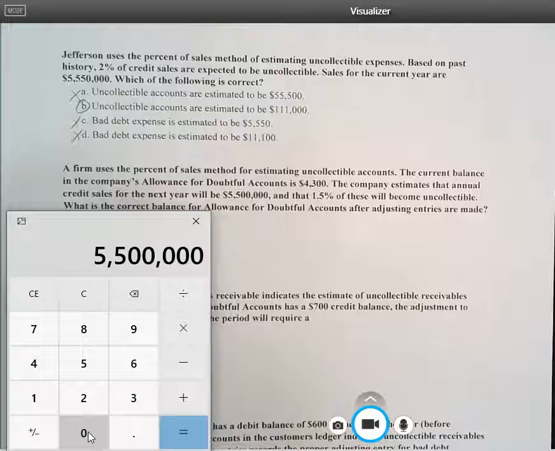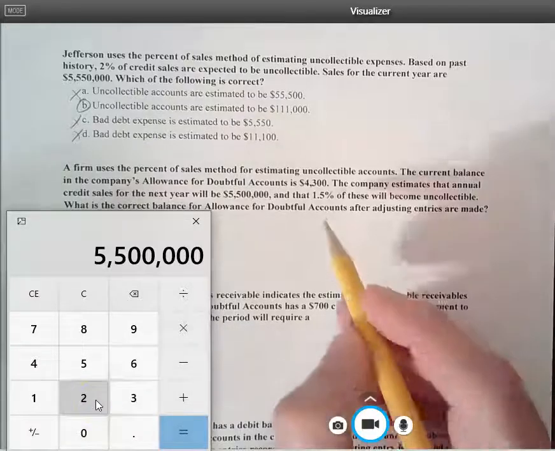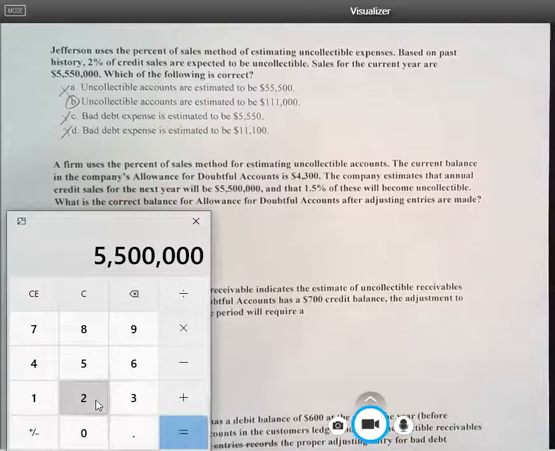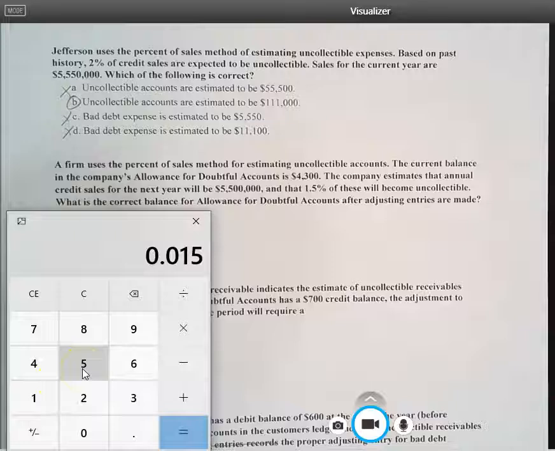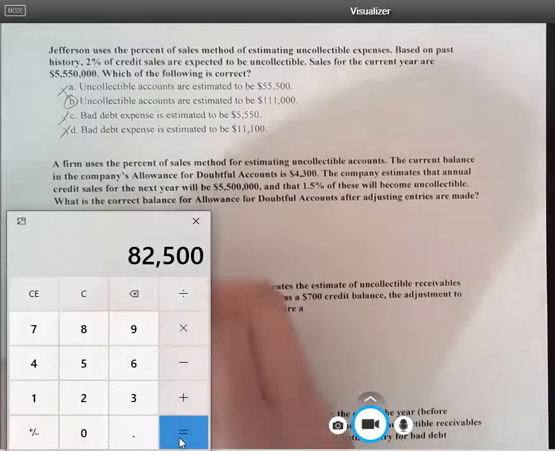Let's see, 5,500,000, and we're going to multiply by 1.5%, which is our estimate. Do notice that it's 0.015, and that gives us $82,500.